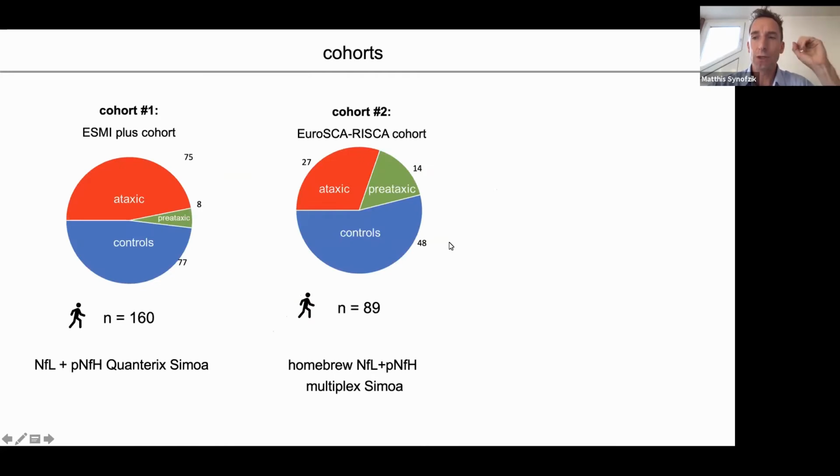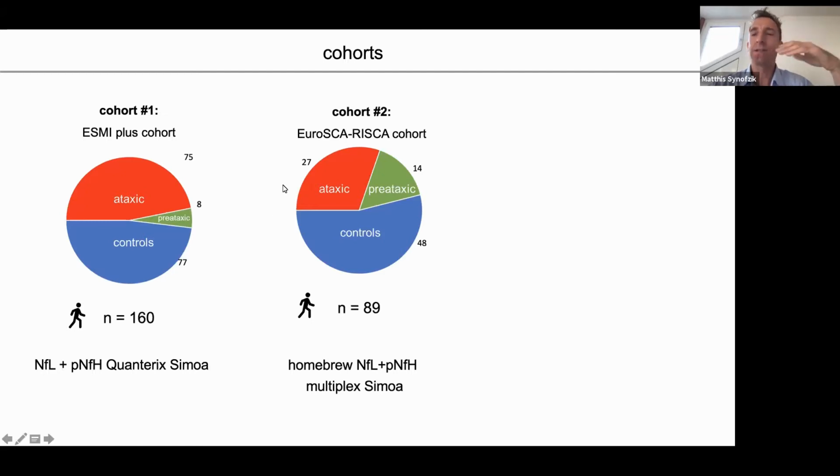For the humans, we had two separate cohorts. Cohort 1 was SMA plus Tübingen samples. We call it the SMA plus cohort. 160 patients, and NFL and neurofilament heavy chain were assessed by the commercially available Quanterix SIMOA kit.